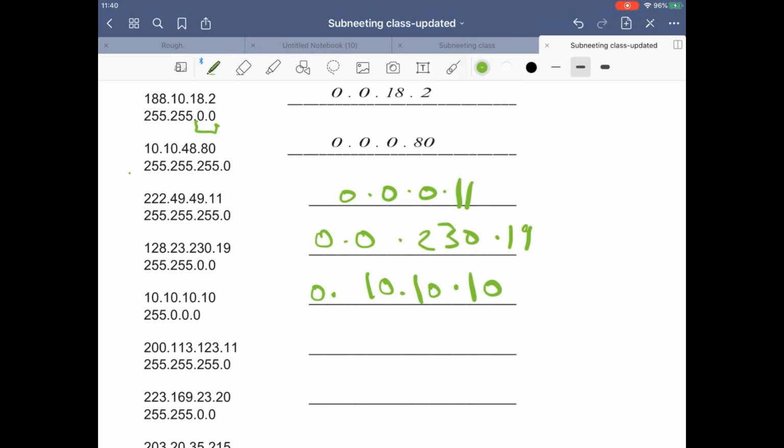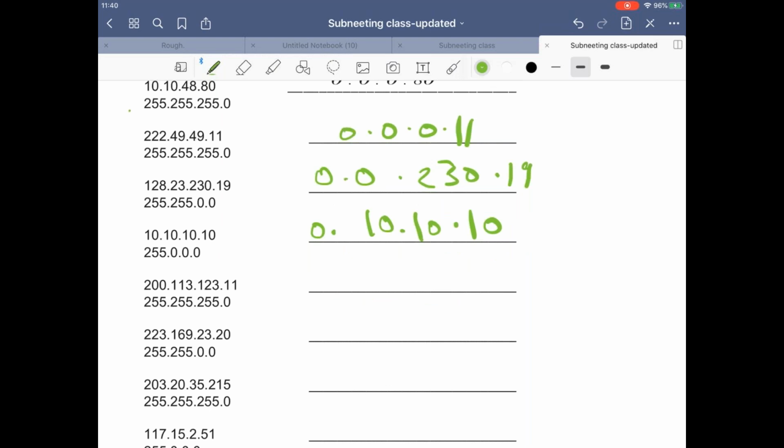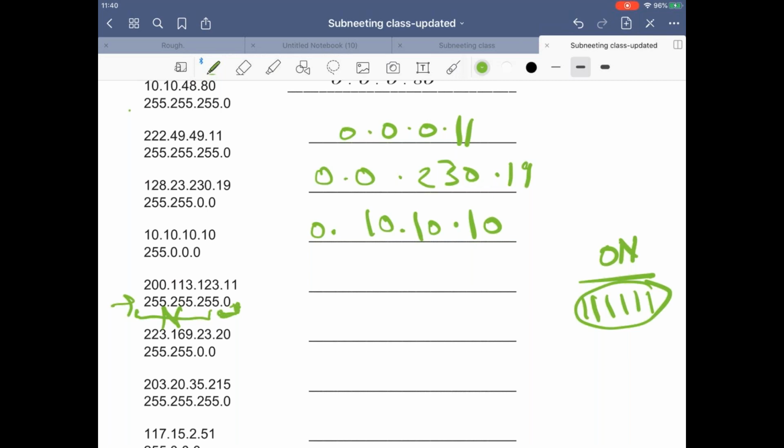And the last one here, the host portion. We will check the last octet. We will not check the first three octets, because in the given subnet mask, all first three octets are one. Every octet is one, so this belongs to the network part and this belongs to the host part. So here the host portion is this one, .11.